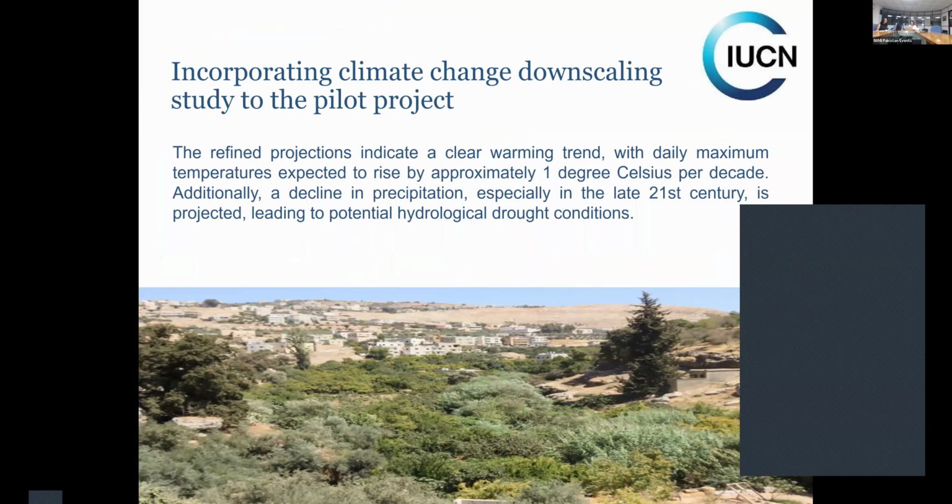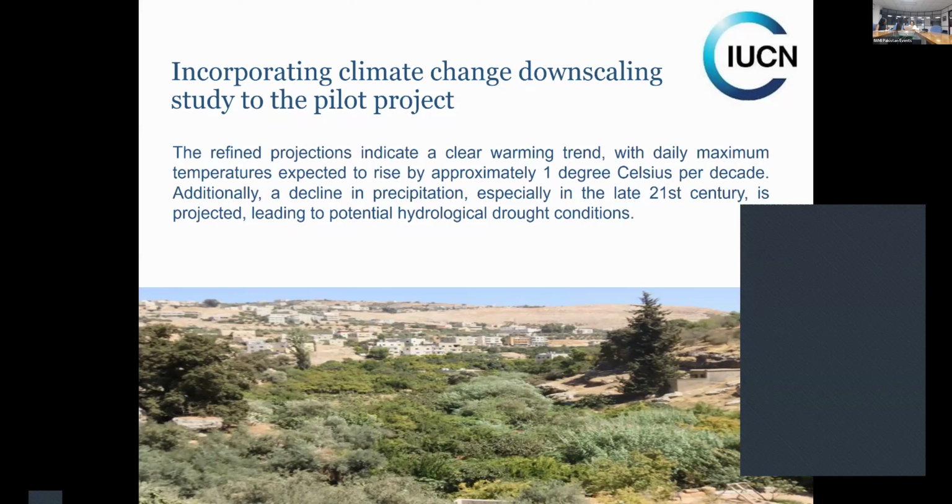How can we incorporate the climate change downscaling into the pilot project in Wadi Sir? So actually this study is very important, especially for resilient nature-based water solutions. It can significantly improve the project design, implementation and long-term success.